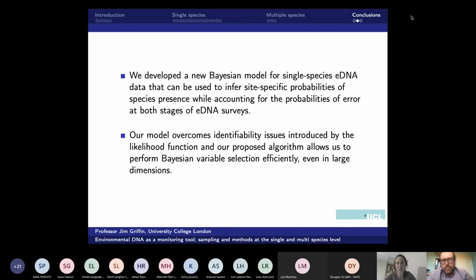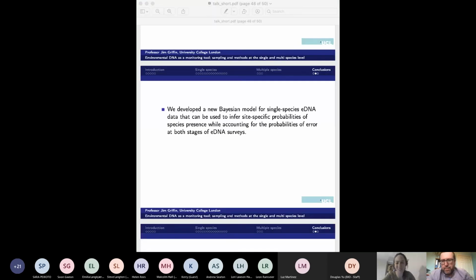Thank you very much, Jim. Obviously, I think the work is super interesting, having been involved with it. I also think you've explained it all very well, and so hopefully there'll be some questions from the participants on the model.